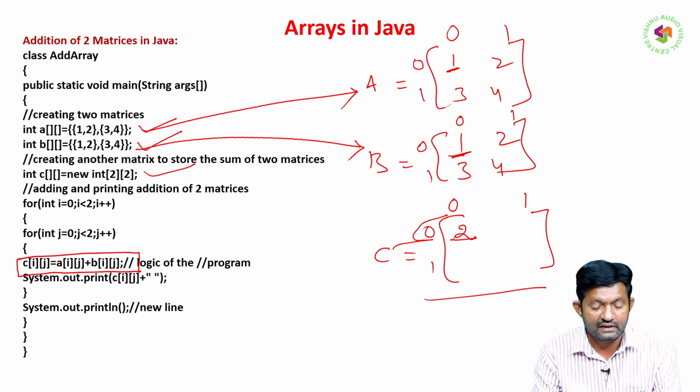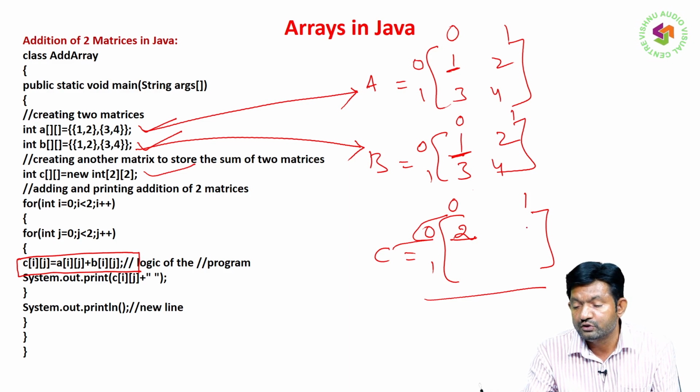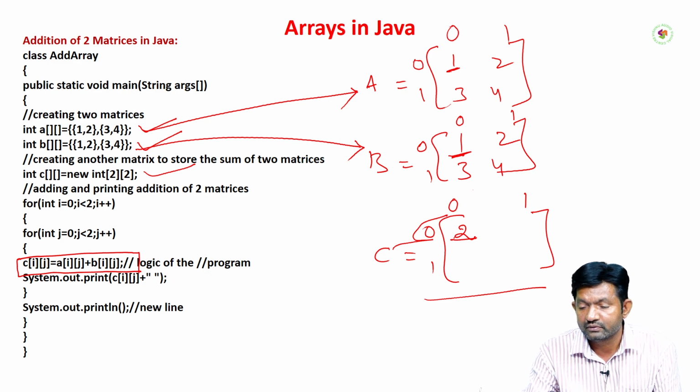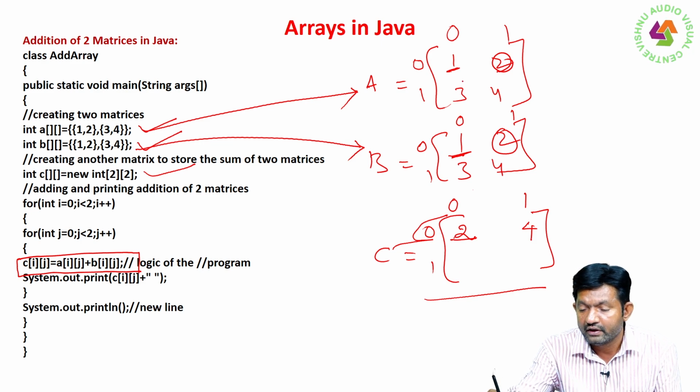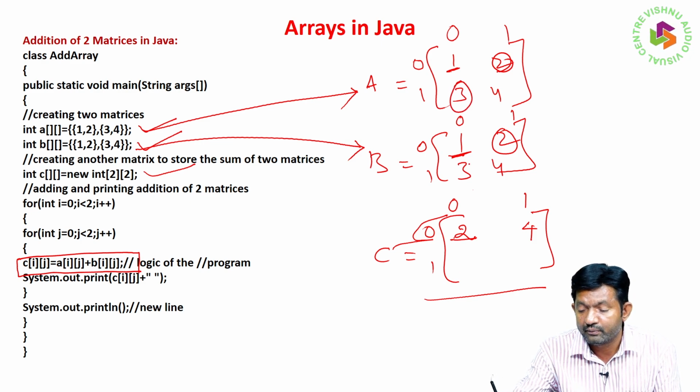Next, C[i][j] is equal to A[i][j] plus B[i][j]. Here C of 0, 1 is equal to A of 0, 1 plus B of 0, 1: 2 plus 2, 4. Next, C of 1, 0 is equal to A of 1, 0 plus B of 1, 0: 3 plus 3, 6.